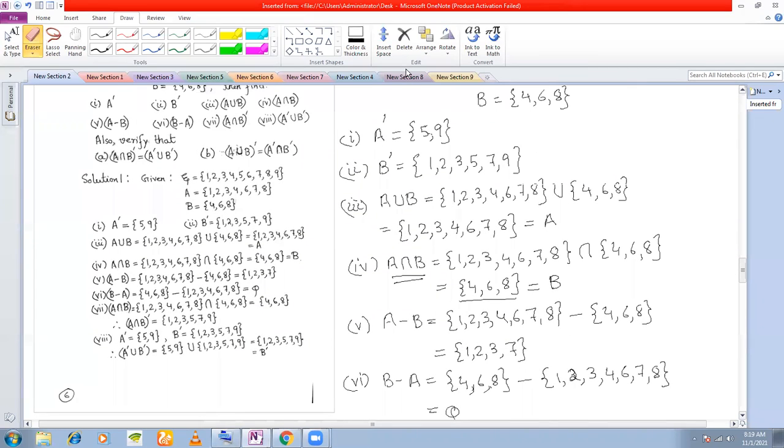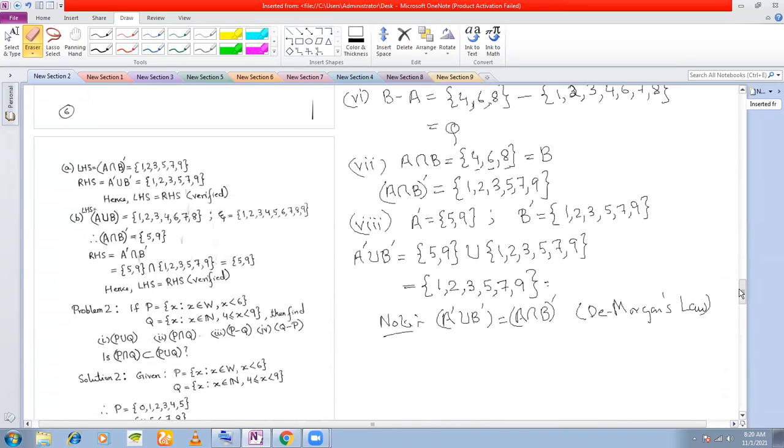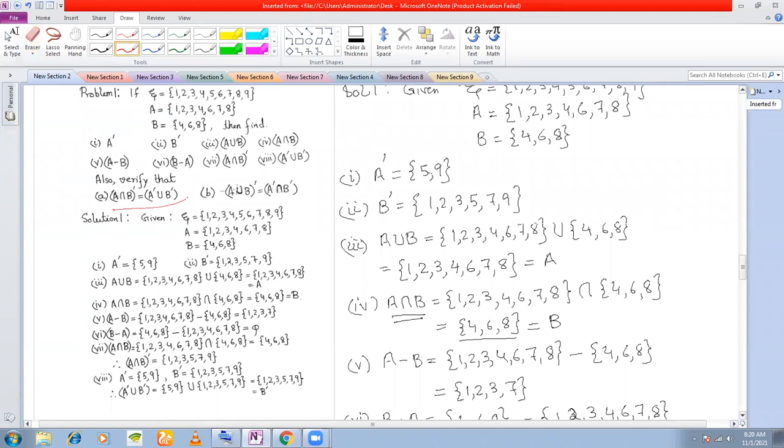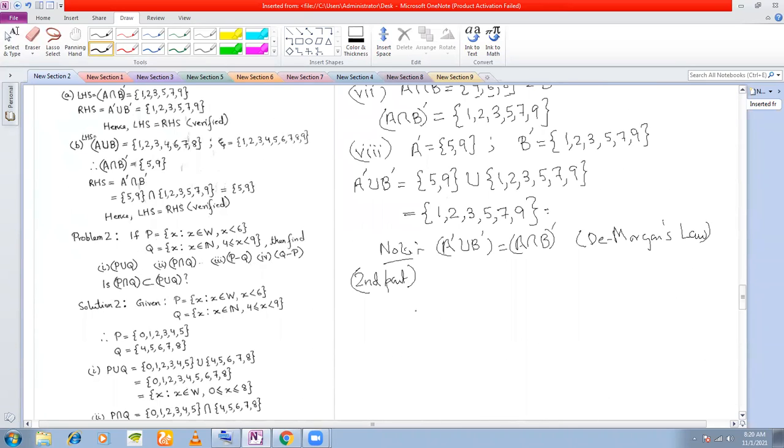The next part of the question states: verify that A intersection B complement is A complement union B complement. This is where the verification question has come, the second part of the question. If such verification questions are given, then you start from the left hand side.